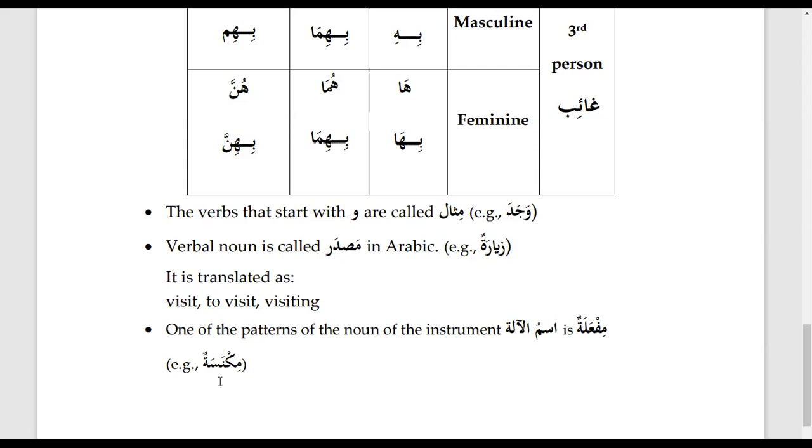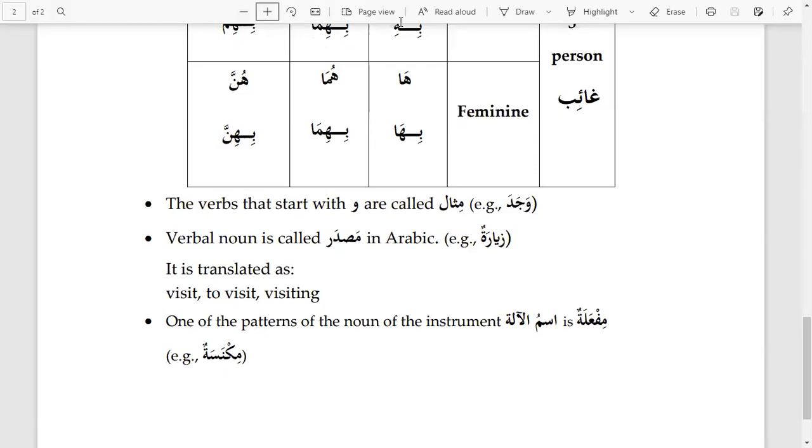Mirhadun. So it can be either on the pattern of mif'alun or mif'alatun. It has only two patterns. As of now, inshallah, we focus on miknasatun, and then we will talk about mif'alun as well in the next lessons. Now I believe we can move on to the lesson.